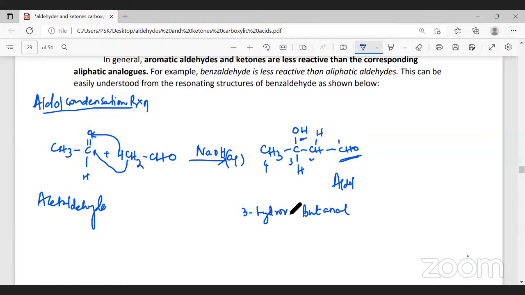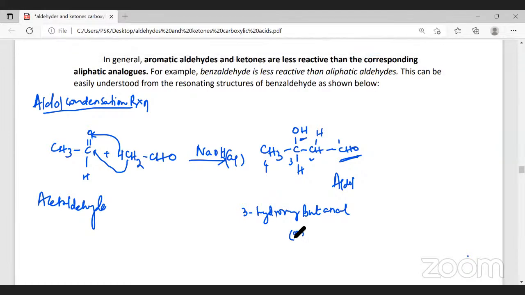This is the alpha carbon atom. This is the beta carbon atom. So we can name this beta hydroxy butanal or 3-hydroxy butanal.